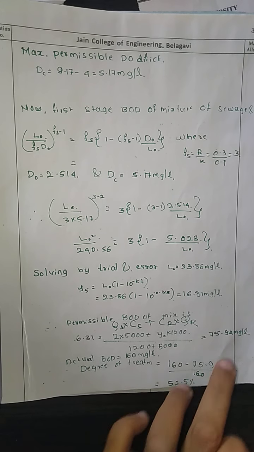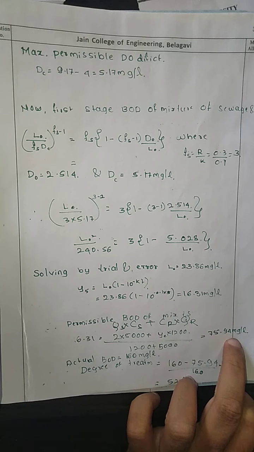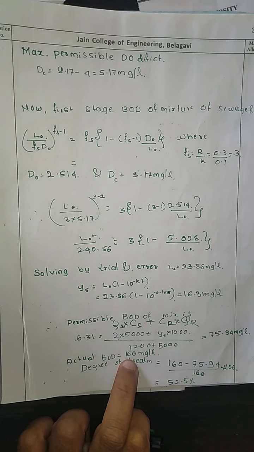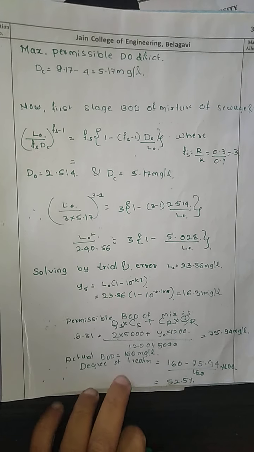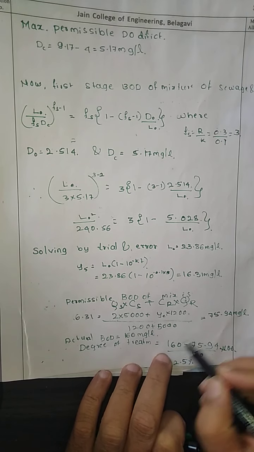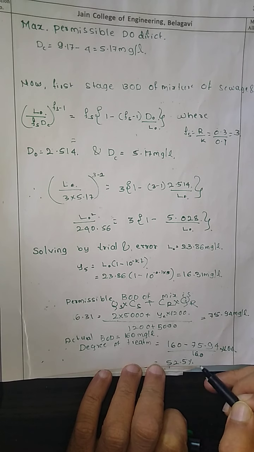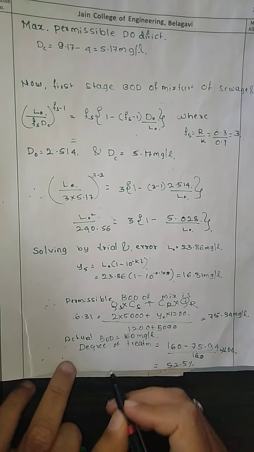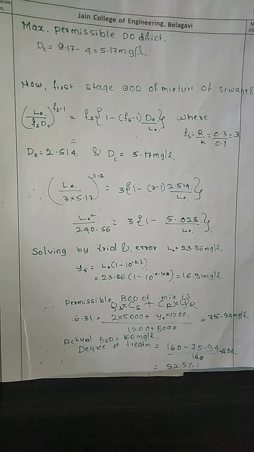By substituting this, we get the permissible BOD of the sewage as 75.94 mg per liter. But the actual BOD we have is 160 mg per liter. Now the degree of treatment is (160 minus 75.94) divided by 160 into 100, so the degree of treatment required is 52.5%.